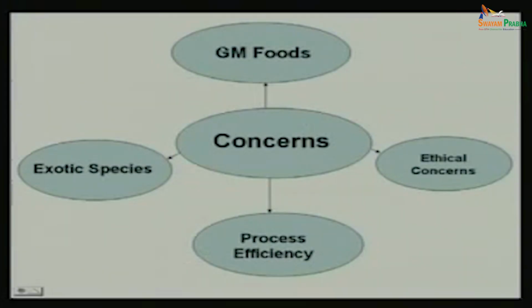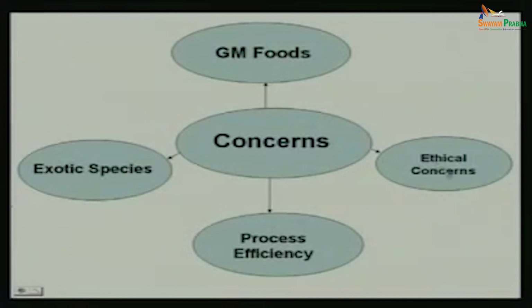Now, if we see the genetically modified food, it is of course a controversial topic as far as today's world is concerned. It has got ethical concerns, and if we see the genetically modified food, we can find that the exotic species can also be explored.